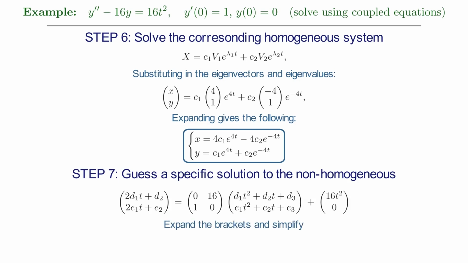We can expand and simplify. We get that 2d1t plus d2 and 2e1t plus e2 is equal to 16t squared plus 16e1t squared plus 16e2t plus 16e3 and d1t squared plus d2t plus d3.